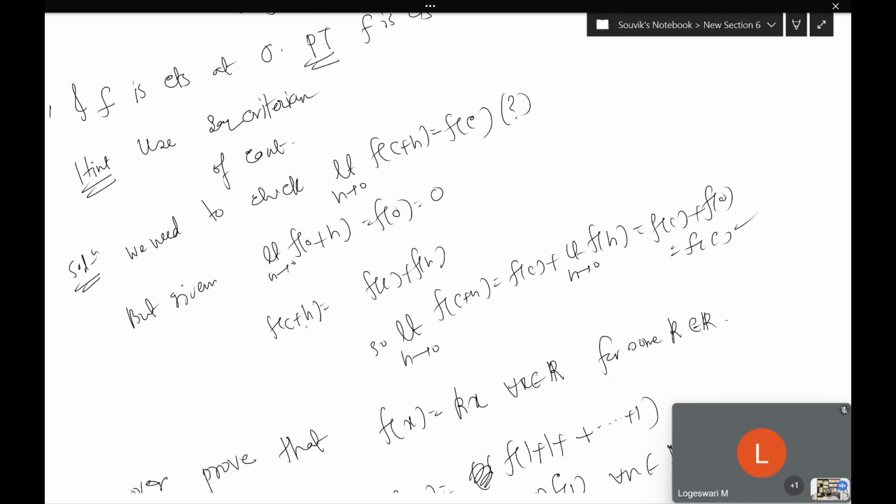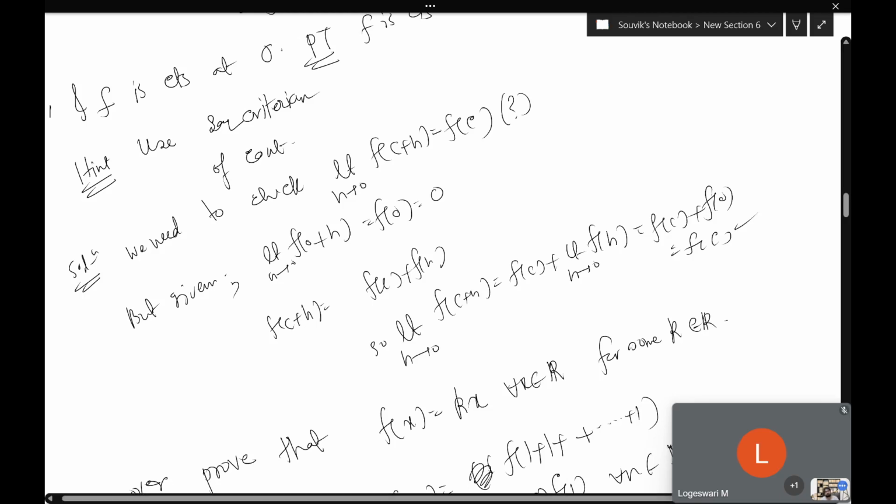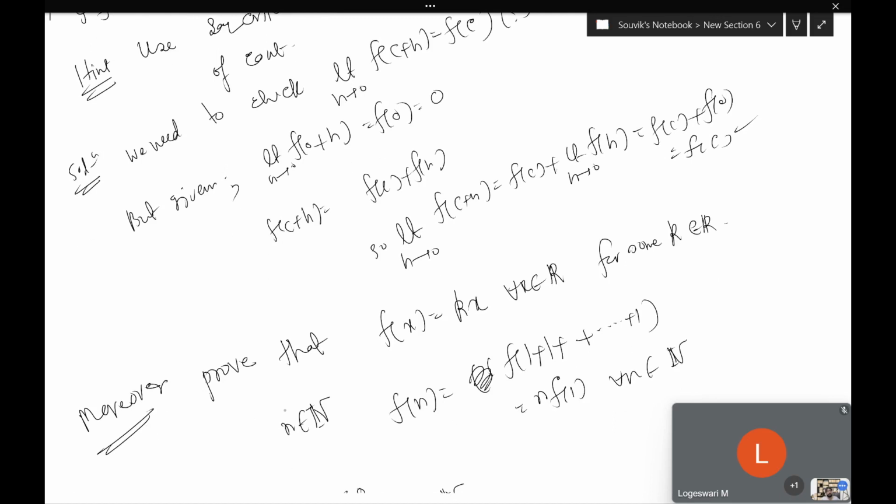Basically we need to check that f is continuous at c, which means we need to show that the limit as h goes to 0 of f(c plus h) is equal to f(c). Since f is continuous at 0, the limit as h goes to 0 of f(0 plus h) is equal to f(0), which is 0.